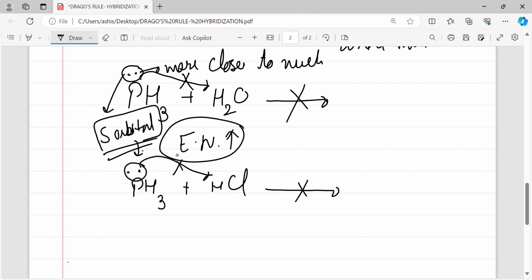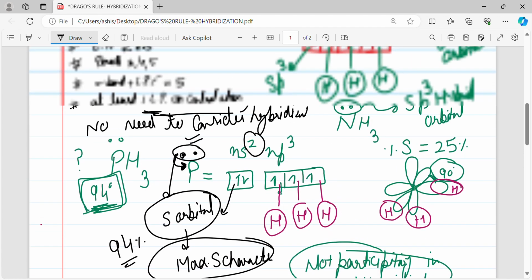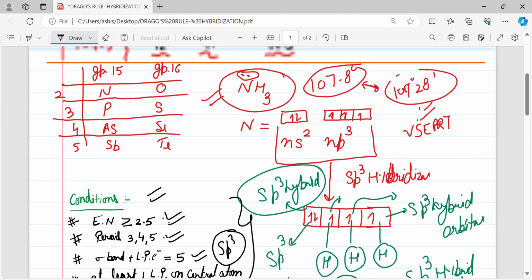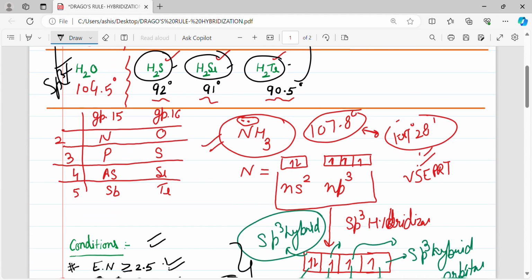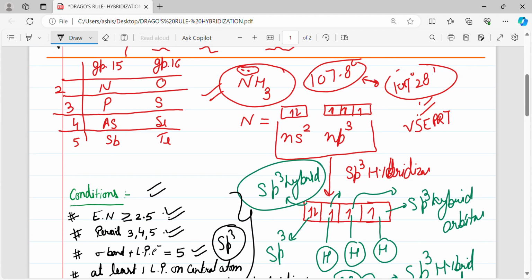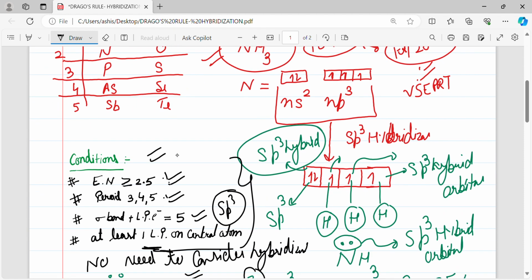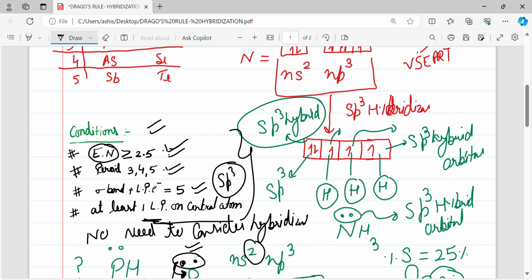So these lone pair cannot donate easily, that's why PH3 is not soluble in water, and is almost not reactive with HCl, because it cannot donate its electron easily. Same reason: s character is more, so electronegativity is more, so electrons are closer to the nucleus, that's why it does not donate its electron.